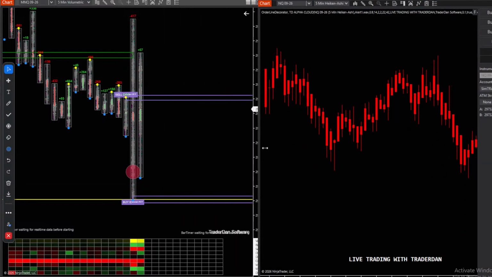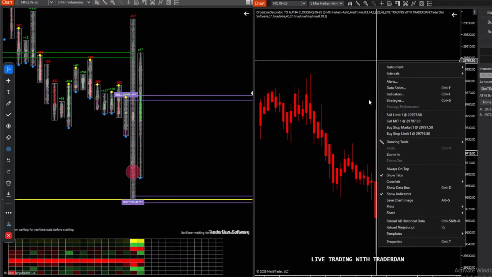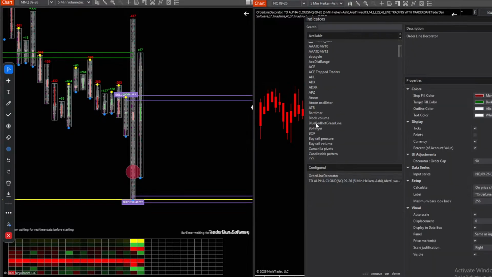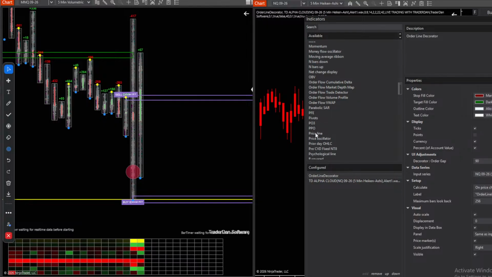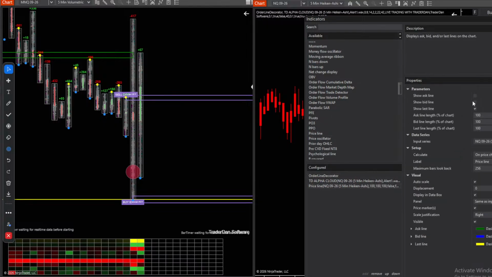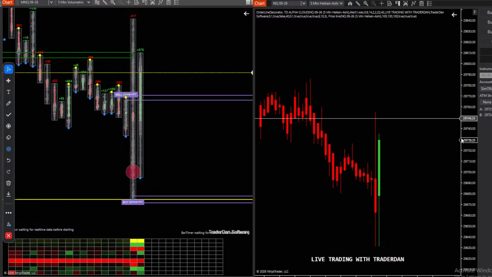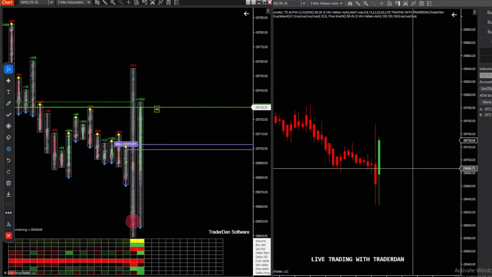We're getting buyers here, guys. Looking like we're getting this long, going back up to this imbalance. We just broke through the seller's exhaustion.